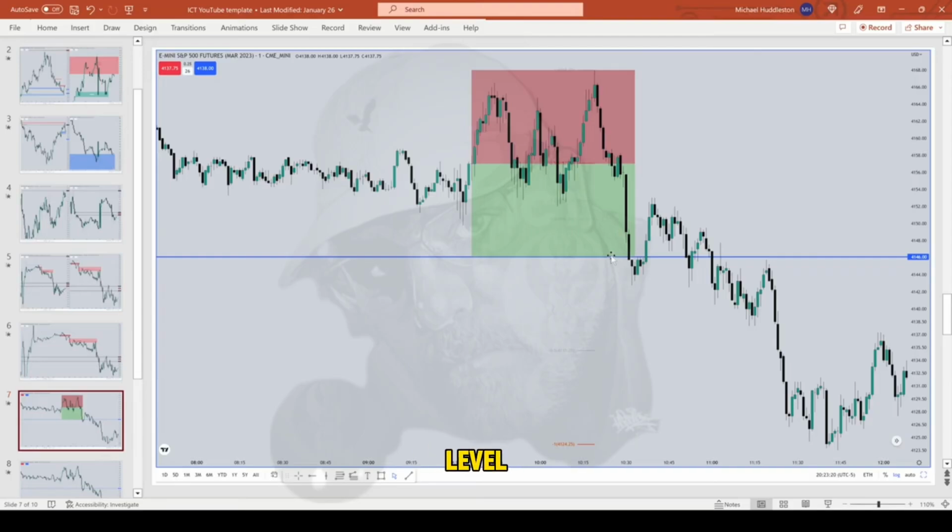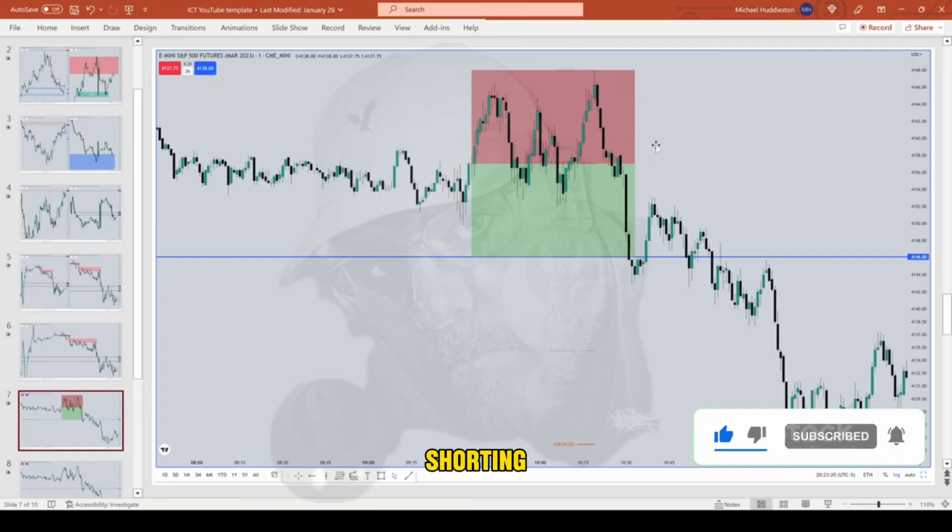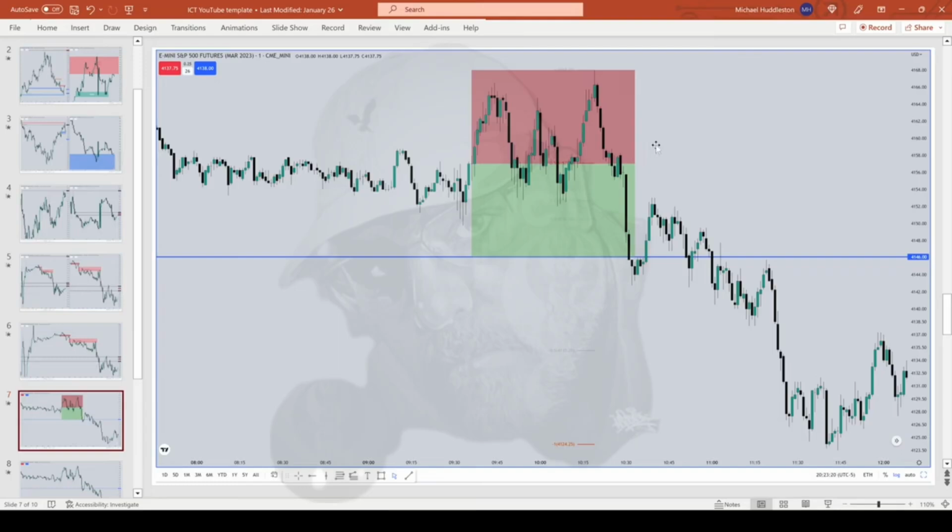With that price level as a magnet, if price is up here relative to that target and the high is here, if we go short in here, we're shorting at equilibrium or premium. Either one is okay.